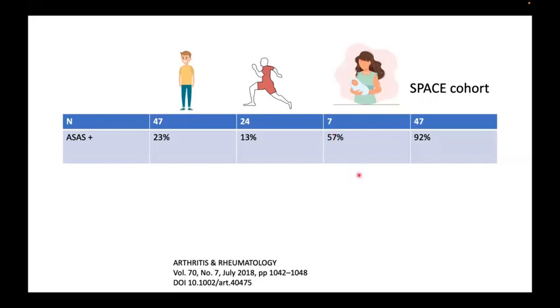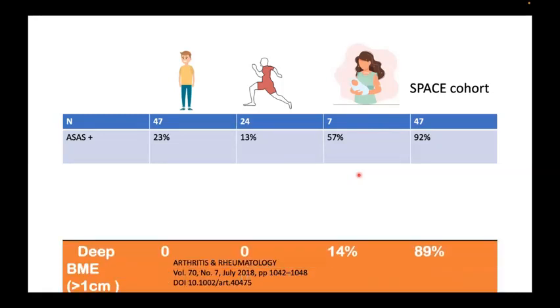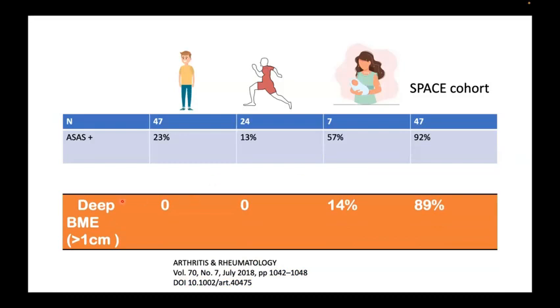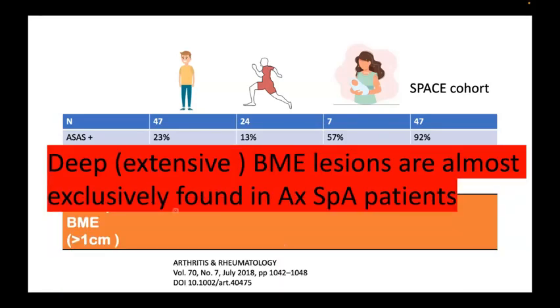In that study, they did something more to differentiate between these completely healthy people with edema and those with typical axial SpA. They gave another point for the edema: if there is deep edema, more than 1 centimeter, it was found mainly or only in real axial SpA, and in some percentage of postpartum women. In that study, they concluded that deep extensive bone marrow edema lesions are almost exclusively found in axial SpA patients.